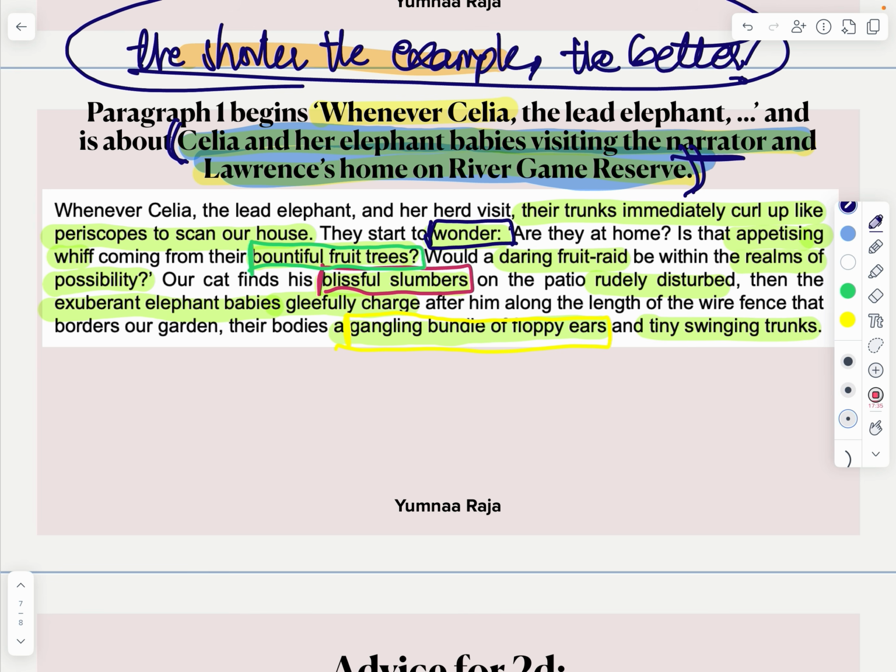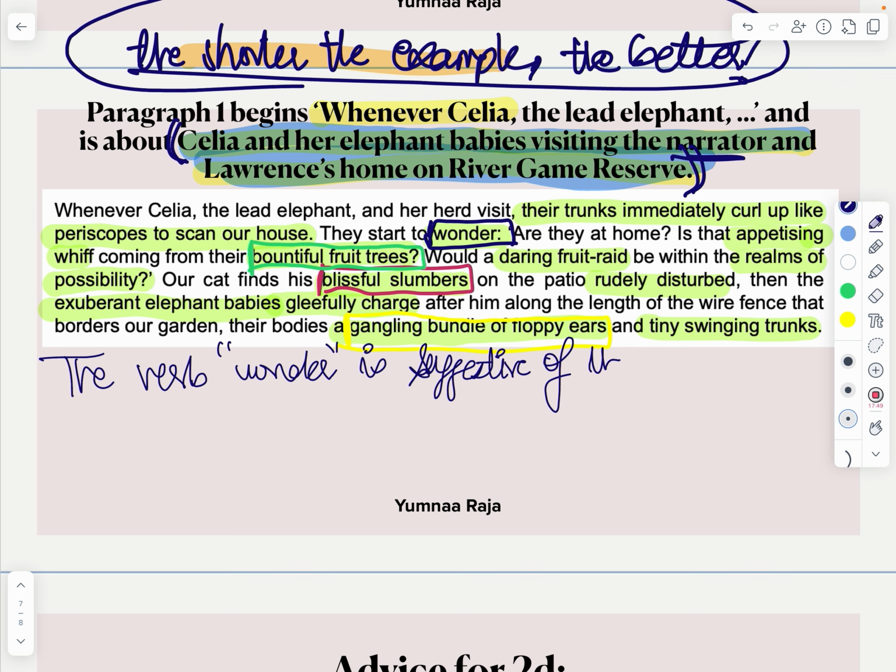The verb wonder is suggestive of the idea that these elephants are almost human-like.